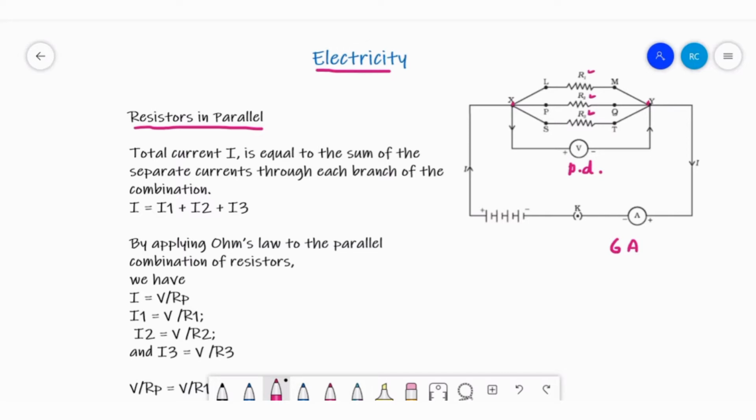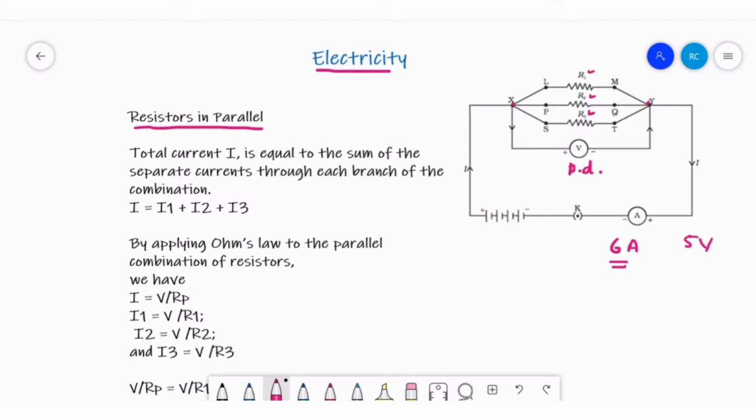So this entire current is dividing when it reaches these three resistors, which means the current is dividing in a parallel connection. But the potential difference, for example if it is 5 volt, will be the same in the parallel connection. So the important point you need to note is that potential difference will always be the same in a parallel connection, but current will be dividing between these three resistors.